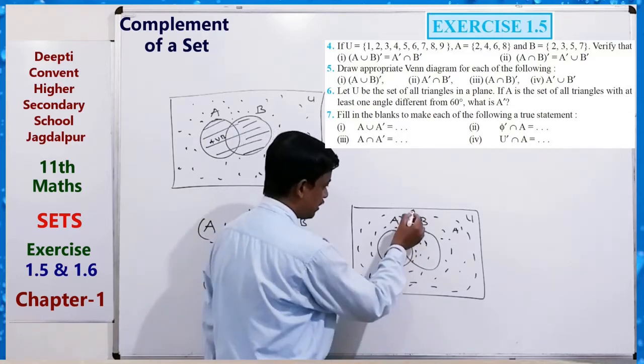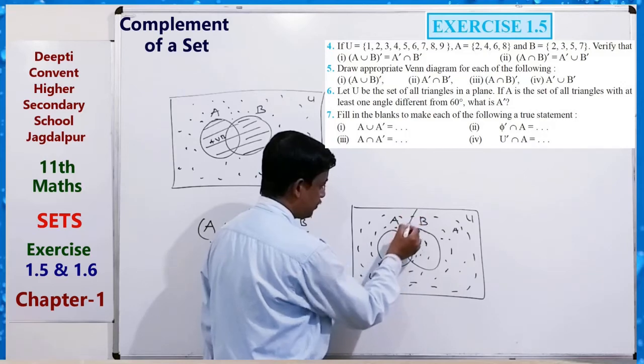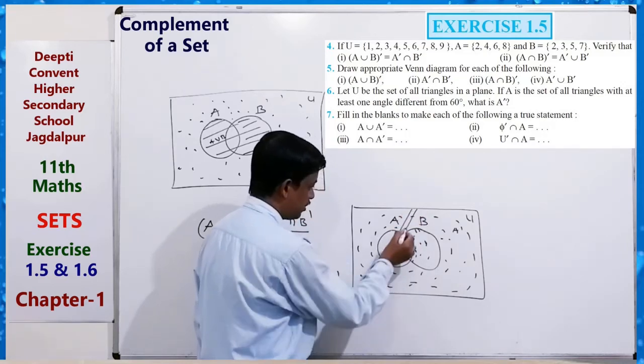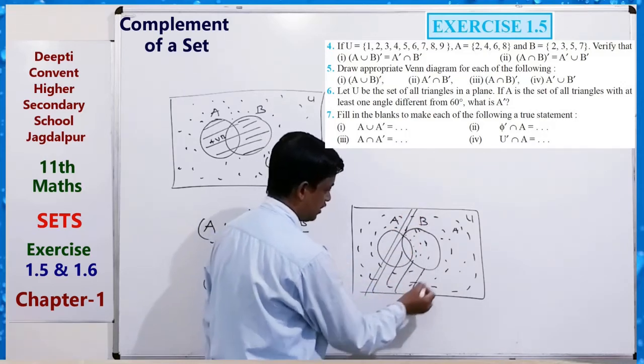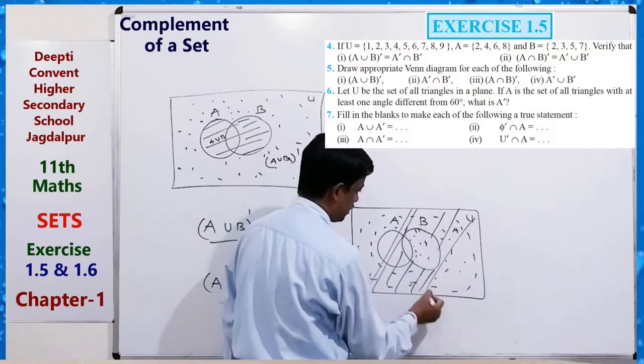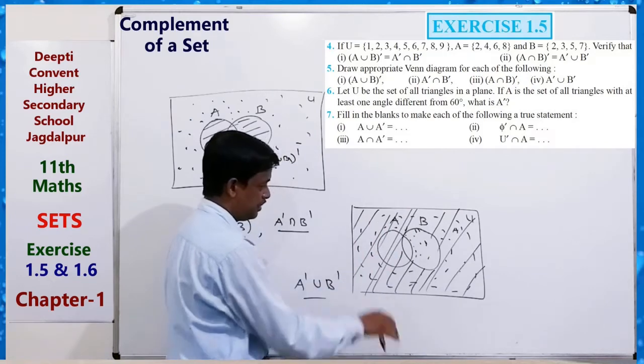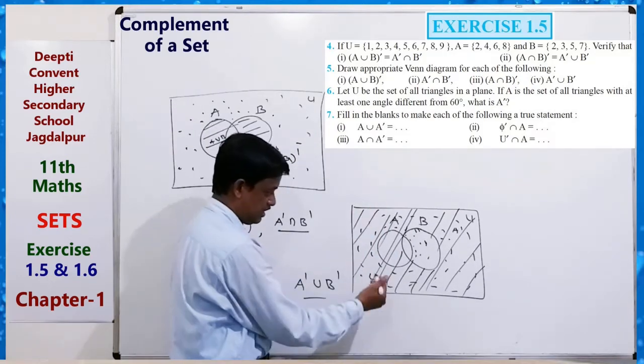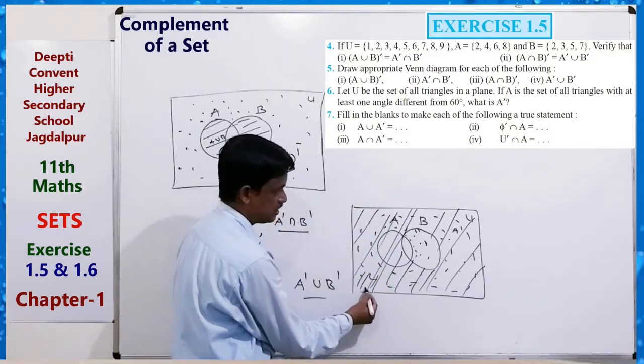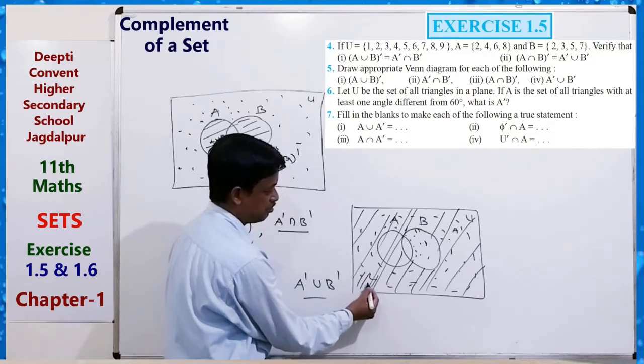This complete part is except B. This type of dashes, what? B dash.